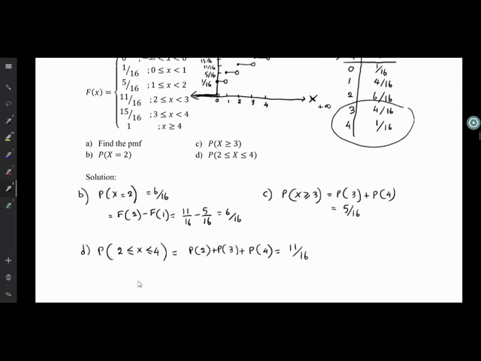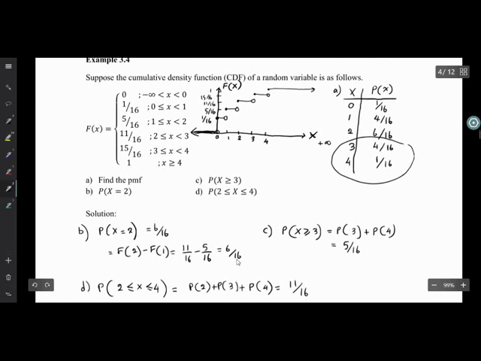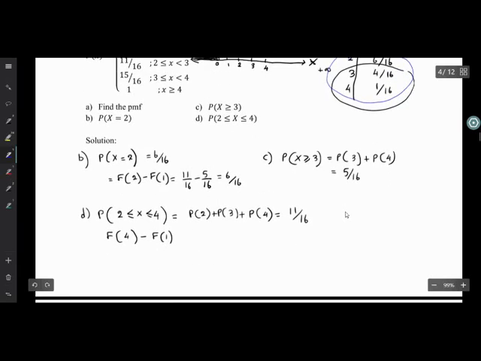Or if you want, you can use the CDF. This will be capital F at 4, subtract, you need 2, so you have to go up to 1. Because you need 2, 3 and 4, you have everything up to 4. You need 2, so you have to subtract everything above 1, that means 1 and 0.